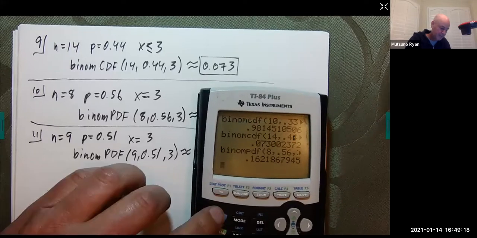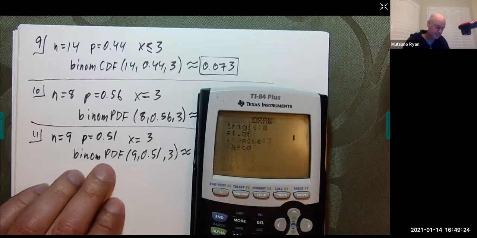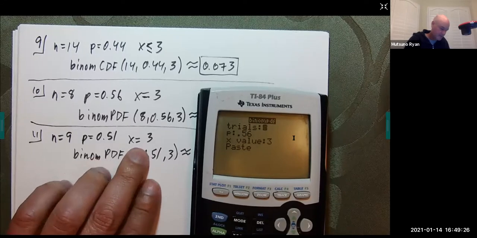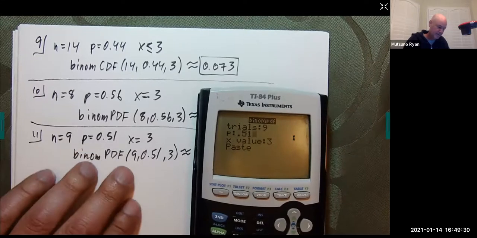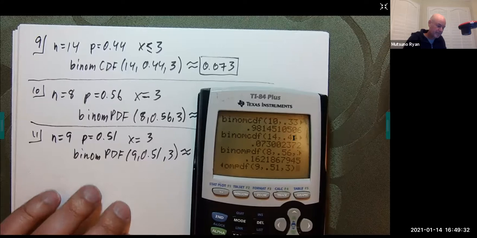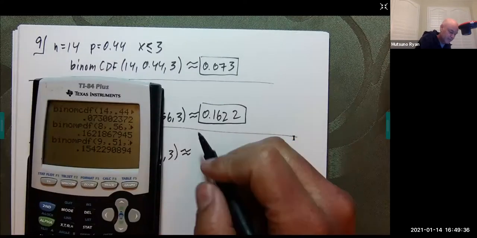So second distribution. PDF in this case, because it's equal to. And here we have 9, 0.51 and 3. And I got this.